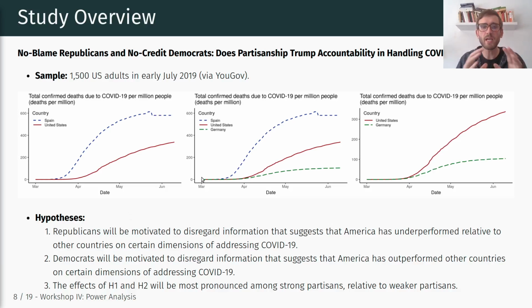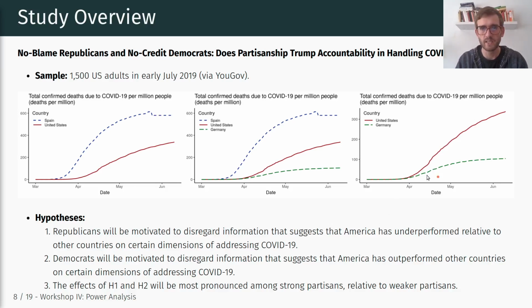Okay. So the main point is, of course, we have a control condition. Compared to the control condition, people who receive the positive kind of framing should have a more favorable assessment of the government's performance, but according to hypothesis 2, this should not be the case for Democrats, who will be motivated to disregard that information.